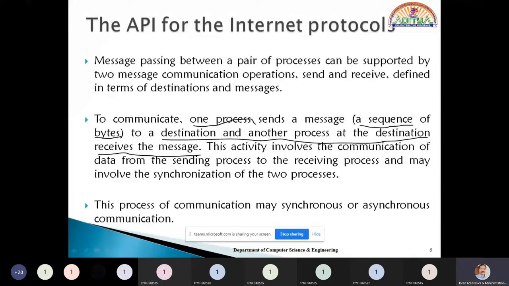Even though the physical communication is happening between the computers, the actual communication is expected to be between processes. A process executing on computer A will send a message, and that should be received by a process executing on computer B. Then computer A is called the source and computer B is called the destination. So sender and receiver are the processes which are executing on two different systems.